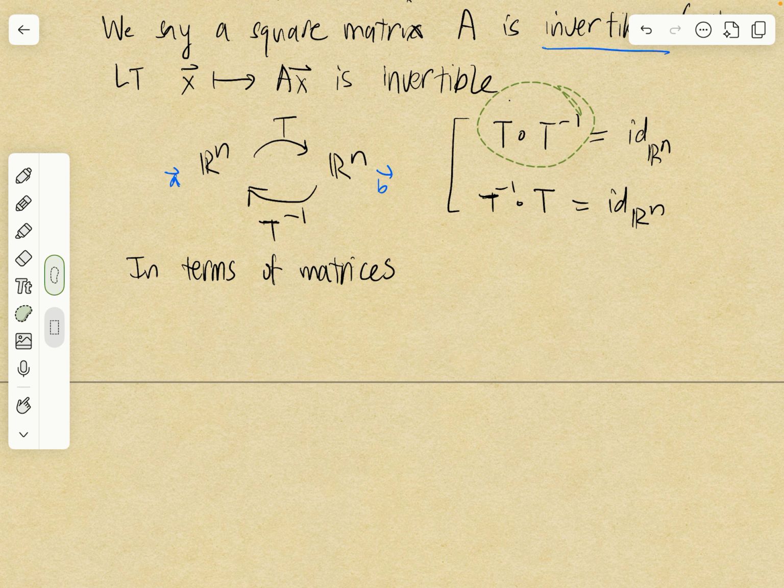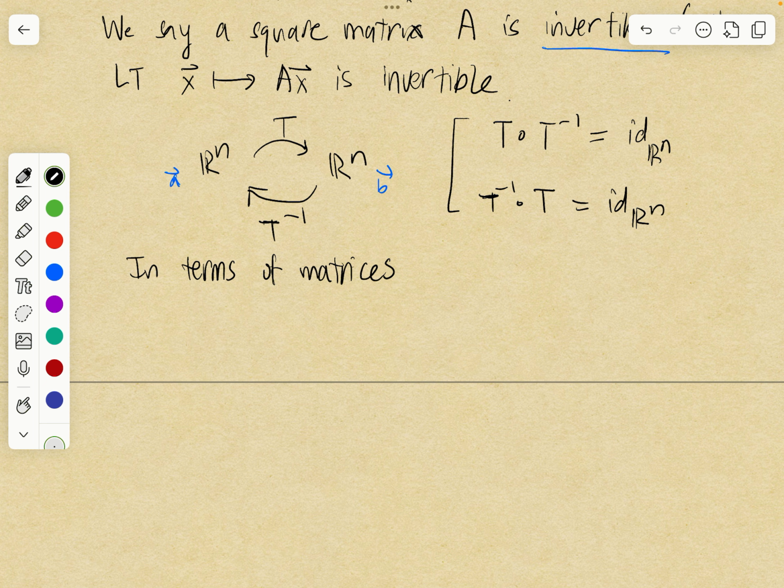We defined matrix multiplication in a way so that it corresponds naturally to function composition. So what equation involving matrices do I get from the first equation? This says that if I do T inverse and then do T, I get the identity.